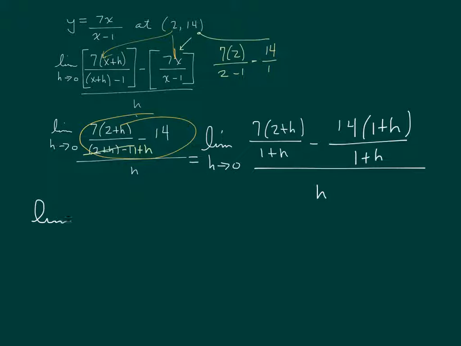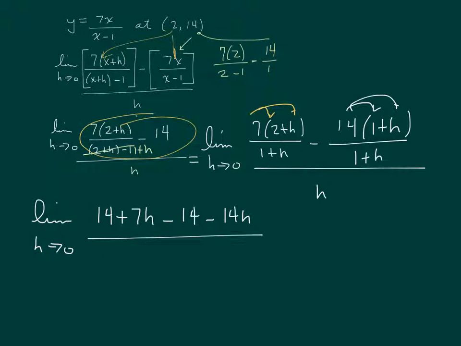Alright, so the limit as h goes to 0, I can distribute this 7. So I get 14 plus 7h. And let's distribute over here. So I'm going to get minus 14 minus 14h. All I did is take 14 times 1, which is 14, but don't forget the negative sign, and 14 times h, which is 14h, but don't forget the negative sign.